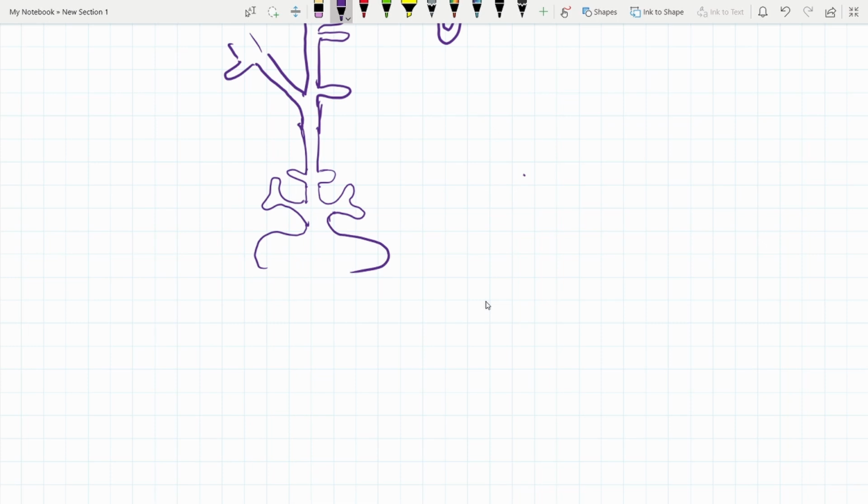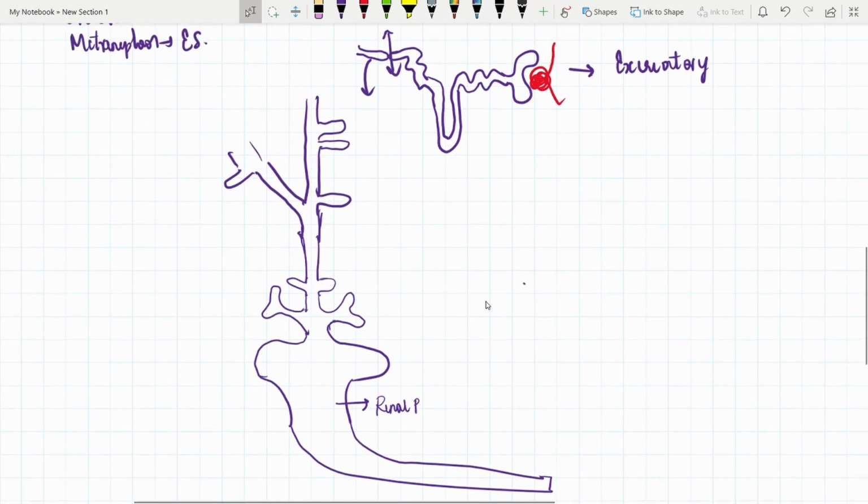This is the major calyces. Major calyces open into renal pelvis. Again, renal pelvis continues as ureter, right?